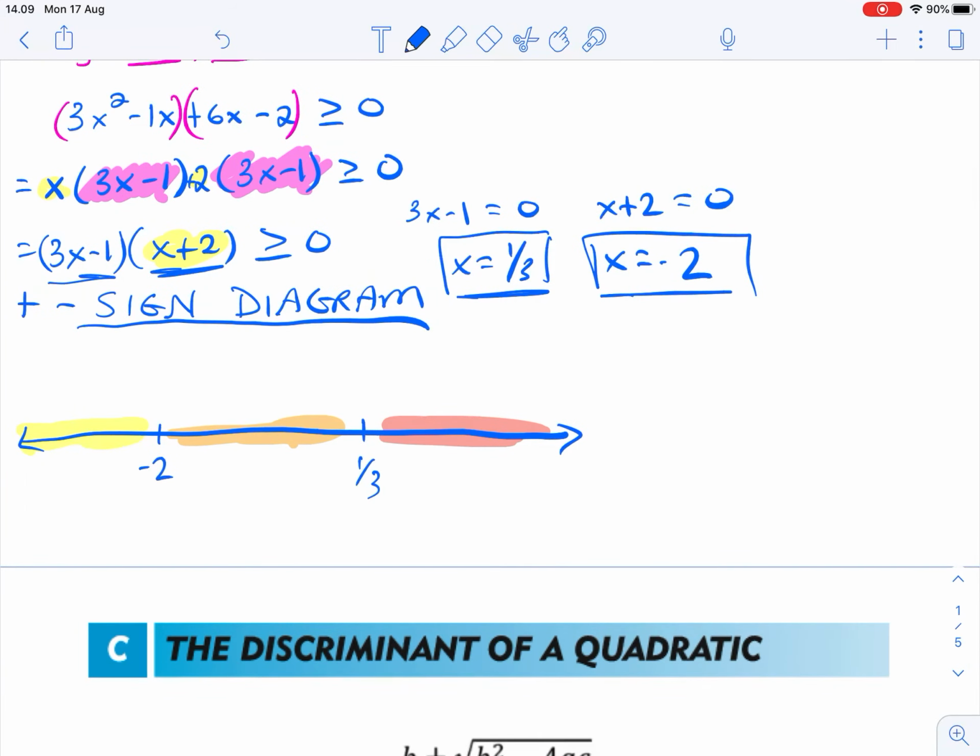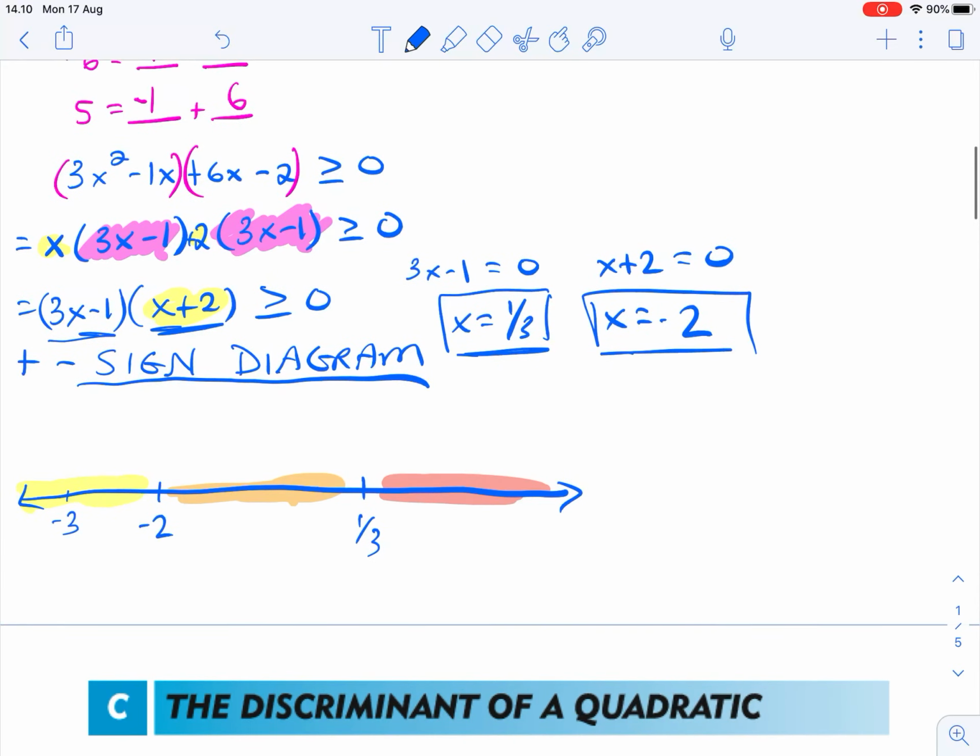For example, I can plug in any number we want. I'll plug in negative 3 because it's small. And you're going to plug this number into the actual expression. So negative 3, and I'm going to plug it into this one right here: 3 times negative 3 minus 1, times negative 3 plus 2.